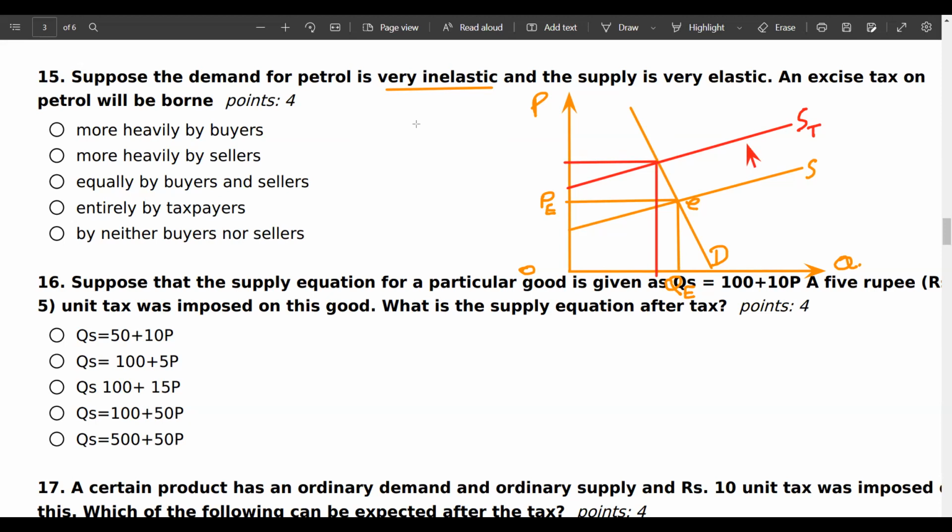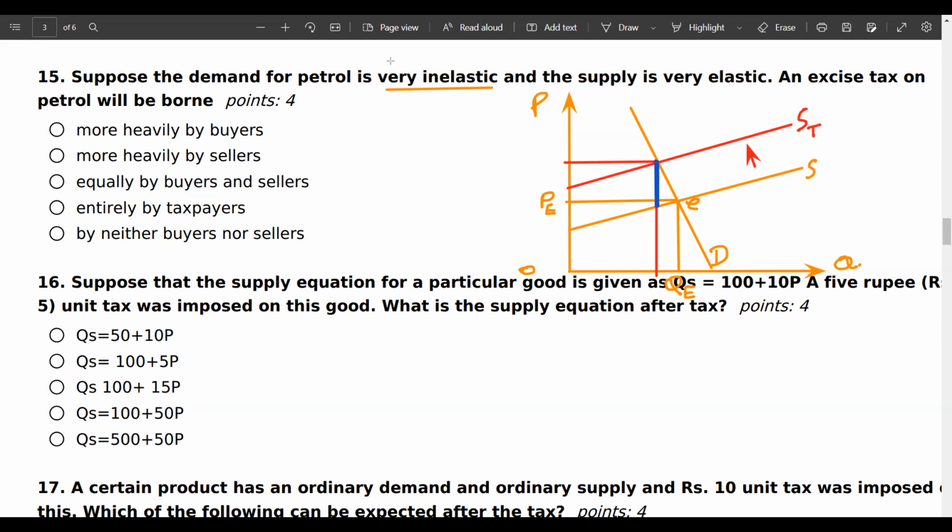As you can see, generally, the tax amount that is charged can be found simply by tracking your route from the new equilibrium point. From the new equilibrium point, you come to the old supply curve.